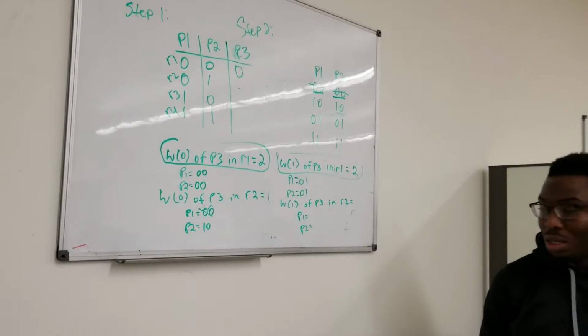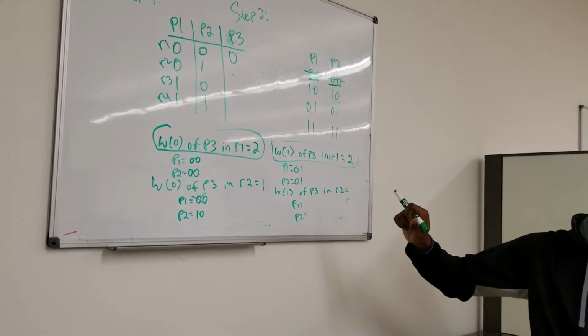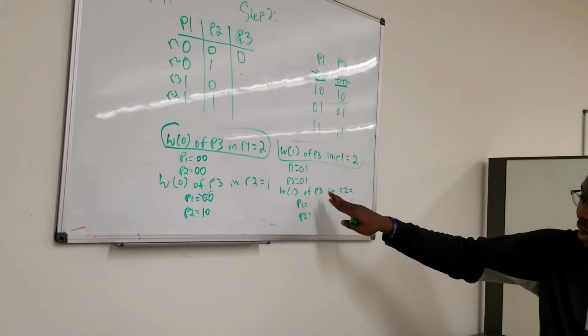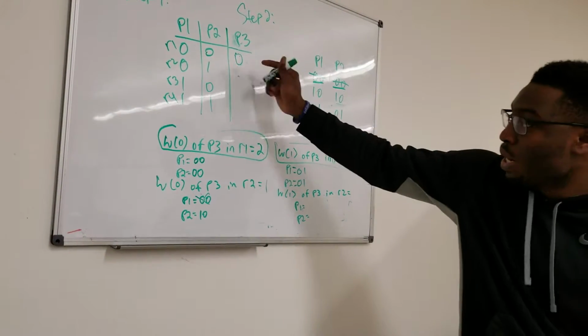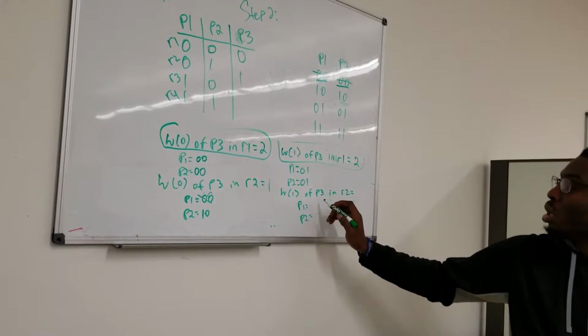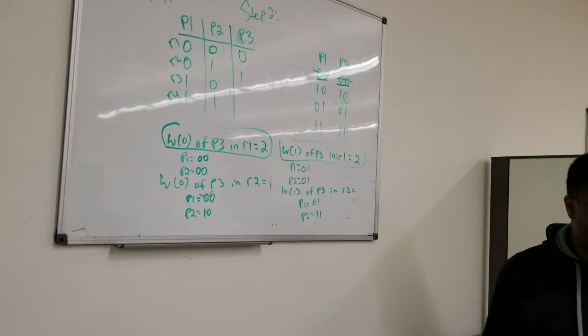Got it. So then you do the same thing for the weight of 1 of P3 in row 2. So you just replace this with a 1 now. P1 is equal to 0, 1, then P2 is equal to 1, 1. Right?